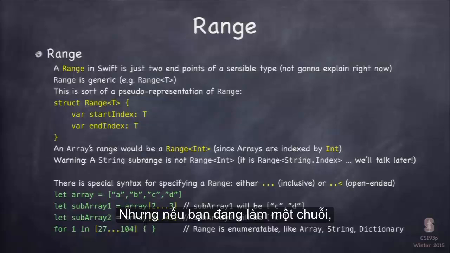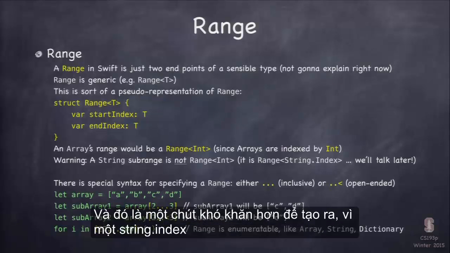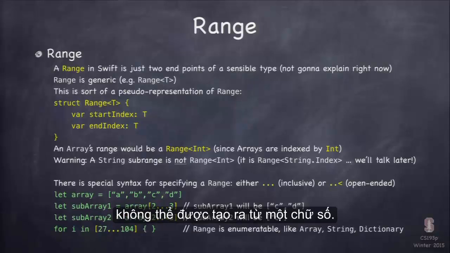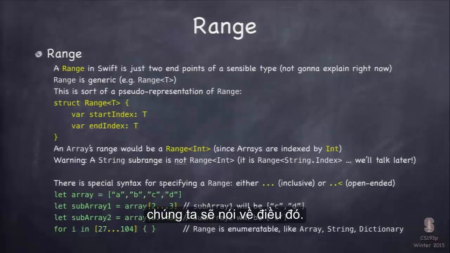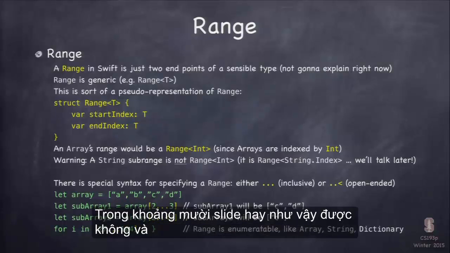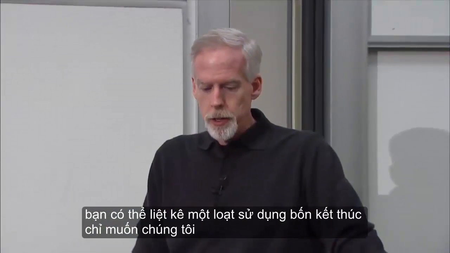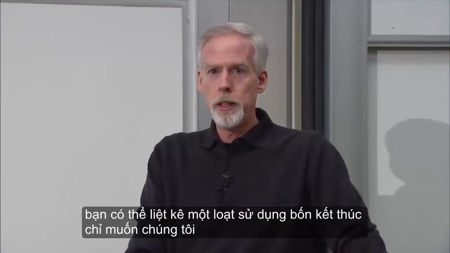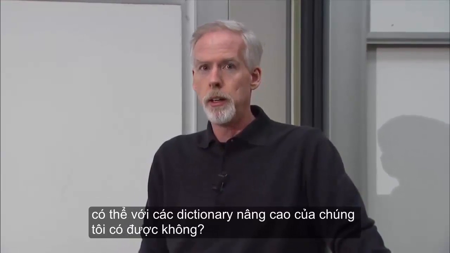But if you're doing a string, they have to be String.Index values. That's a little harder to create because a String.Index can't be created from a numeric literal. You have to create it programmatically. So we'll talk about that in about 10 slides or so. And you can enumerate a range using for in, just like we can with arrays and dictionaries.